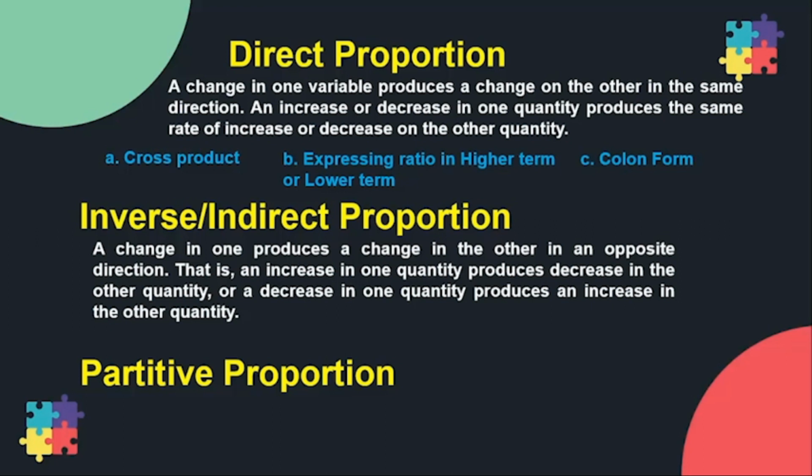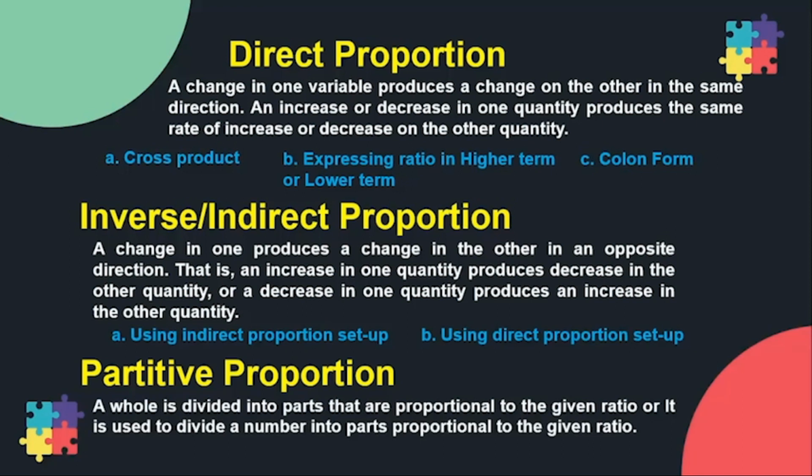We can solve problems that involve indirect proportion using the indirect proportion setup or using the direct proportion setup. But you have to follow the rules. In partitive proportion, a whole is divided into parts that are proportional to the given ratio, or it is used to divide a number into parts that are proportional to the given ratio.